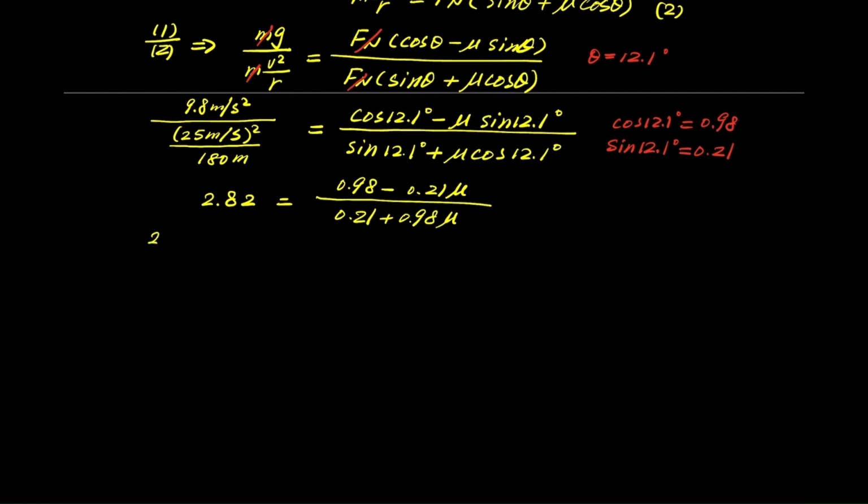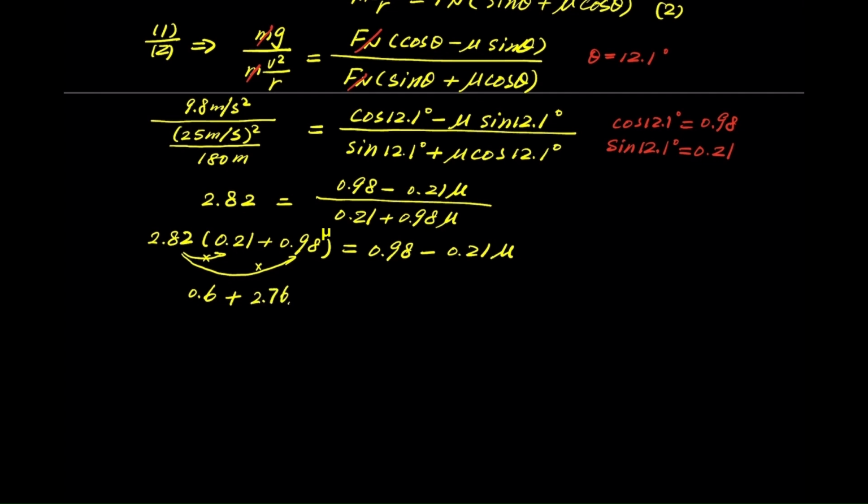To solve for the coefficient mu, let's get rid of the denominator first. So we have 2.82 multiplied by the denominator, 0.21 plus 0.98 mu, equals 0.98 minus 0.21 mu. Then we remove the bracket. 2.82 multiplied by 0.21 is 0.6. Then plus 2.82 multiplied by 0.98 is 2.76 mu, equals 0.98 minus 0.21 mu.